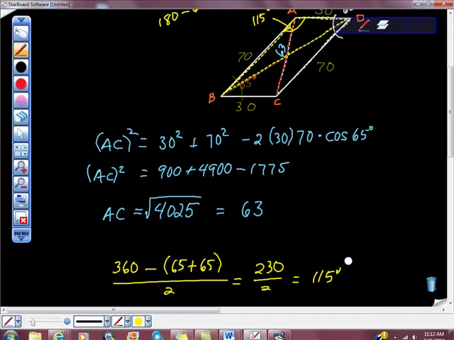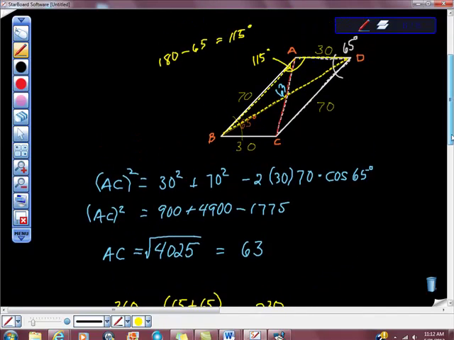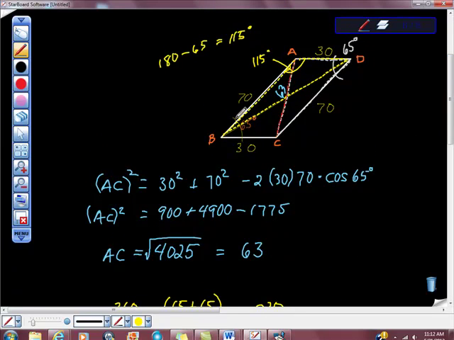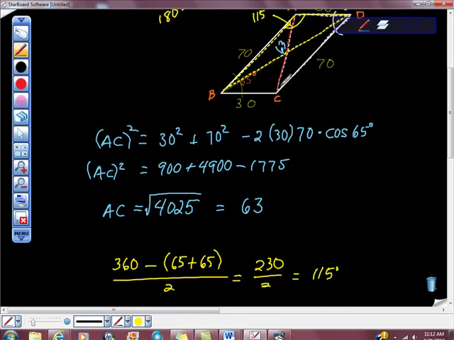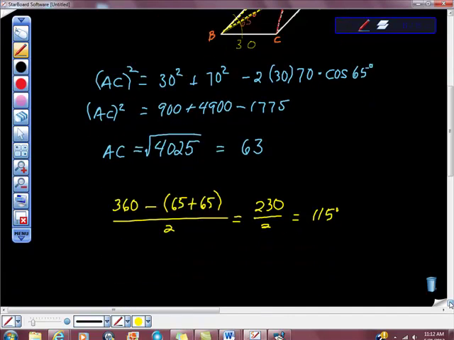How did I get that? I'm not saying this is the way, I'm saying this is a way. There are tons of ways to do this. This 65 and this 65 have to be the same. These two are also the same angle. So we've already accounted for 130 degrees of our 360, which leaves us 230 degrees left. So I took that and divided it by 2. So this is also 115 degrees.